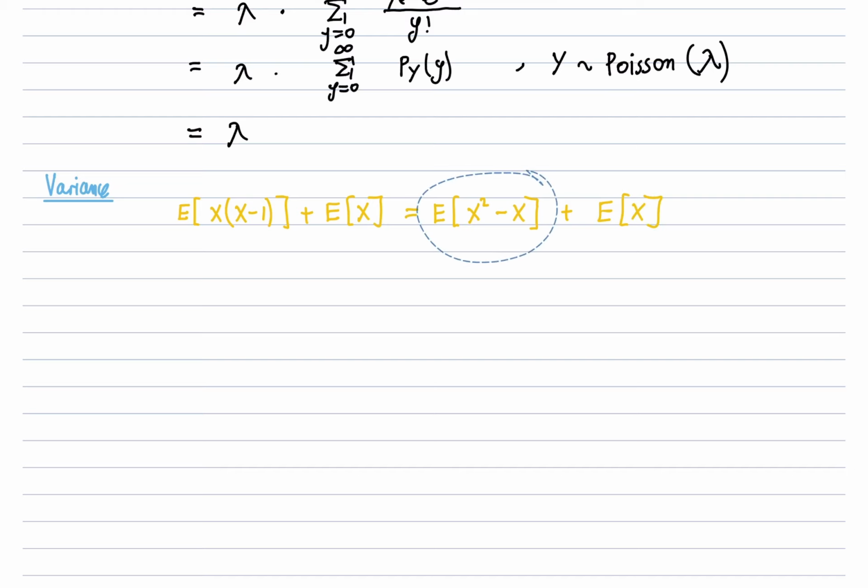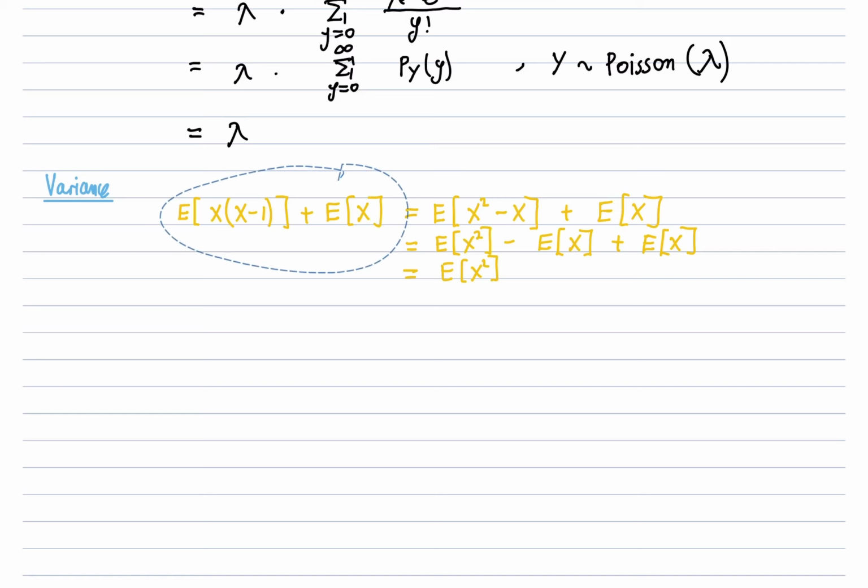Then by the properties of expectation, the expectation of a difference of random variables is equal to the respective expectations of the two variables subtracted from one another, plus the expected value of X. And then finally, the final two terms, the minus expected value of X plus expected value of X, cancel. And so we're left with an expression here, as I promised you, that is in fact equal to the second moment.